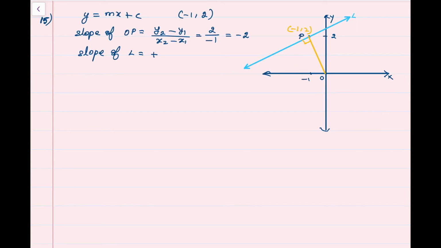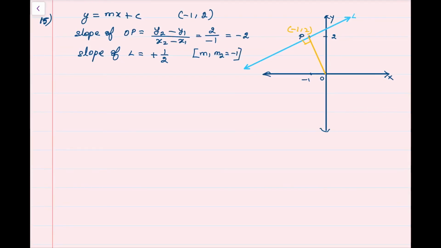So, it becomes plus half, because of the formula m1 m2 is minus 1. The given line equation is y is equal to mx plus c, from which the slope is m. And we got the slope of this line as half. Therefore, m value is half.